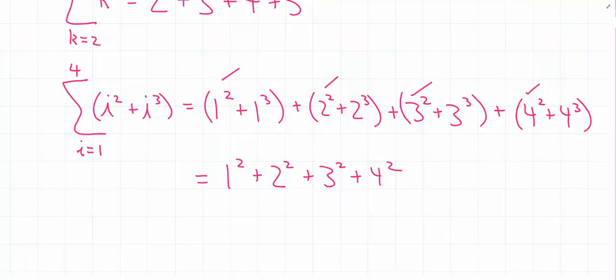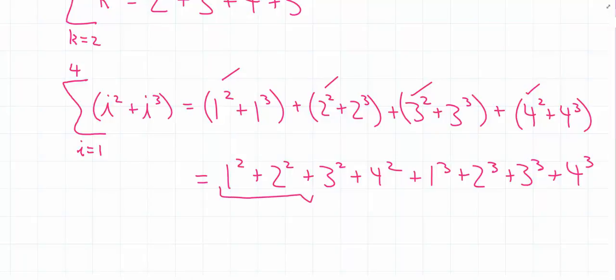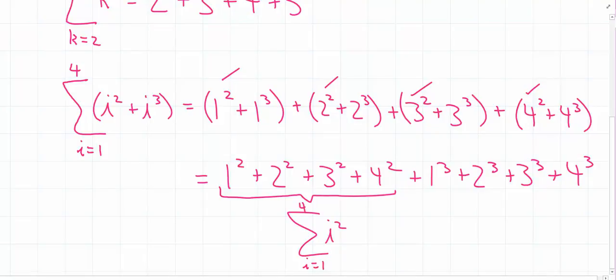And then the cubes: 1 cubed plus 2 cubed plus 3 cubed plus 4 cubed. This is just the sum as I goes from 1 to 4 of I squared, and this over here is just the sum as I goes from 1 to 4 of I cubed.